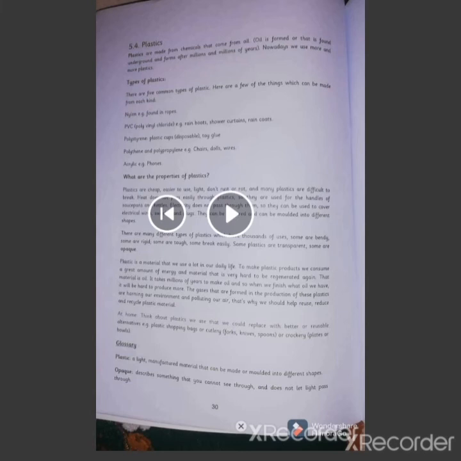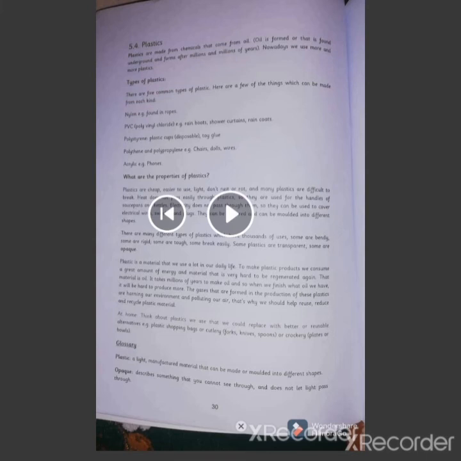Some we use because they're bendy and easily bent. Some are very strong. Some are not easily breakable. Some break easily. And some plastics are actually transparent and we can see through them. And some others that we can't.